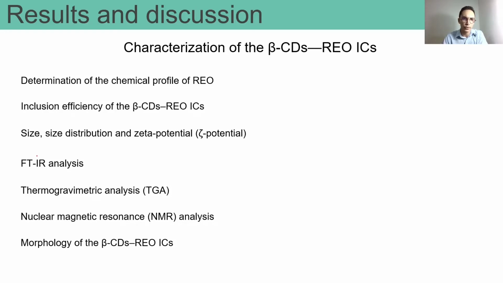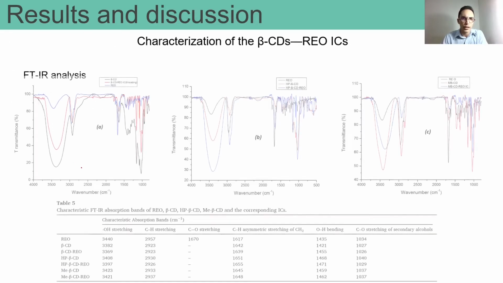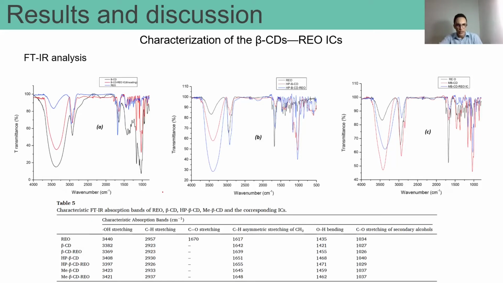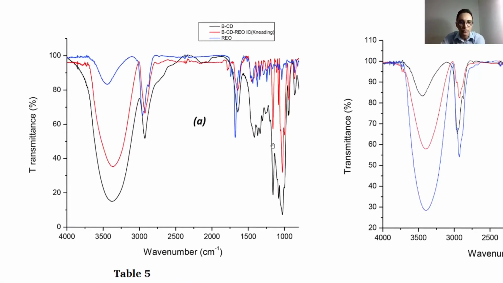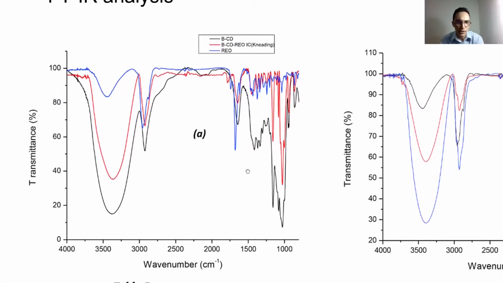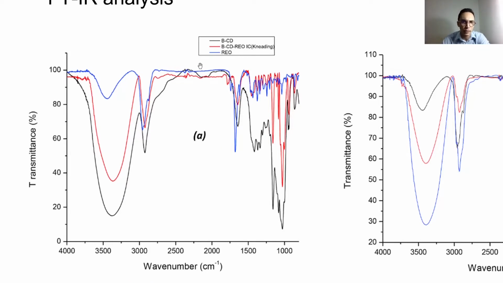For the next part of the results, we're going to talk about the FTIR analysis. We have some differences, and we're going to see that. In the first picture, the blue is rosemary essential oil, the black is just beta-cyclodextrin, and the red is the inclusion complex with beta-cyclodextrin.